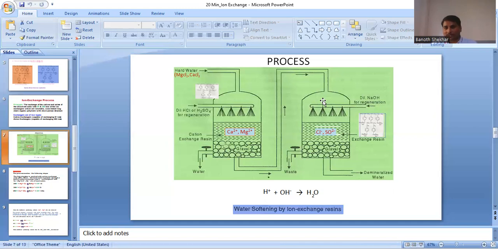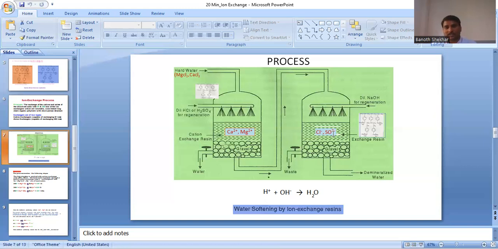In this anion chamber, the semi-permeable membrane contains OH-, which is the anion. That anion is exchanged by Cl- or SO4 2-. These are the anions, and they are captured by the membrane.